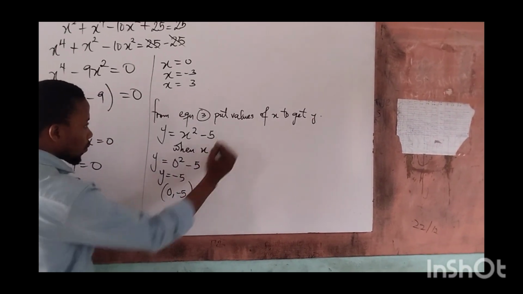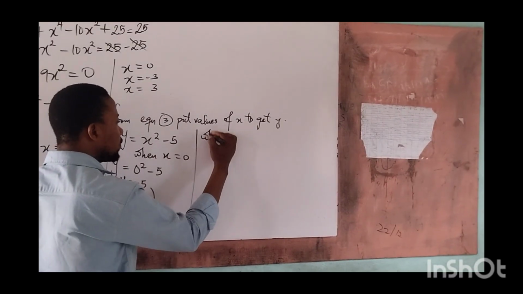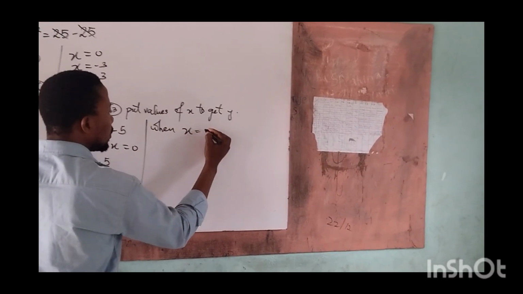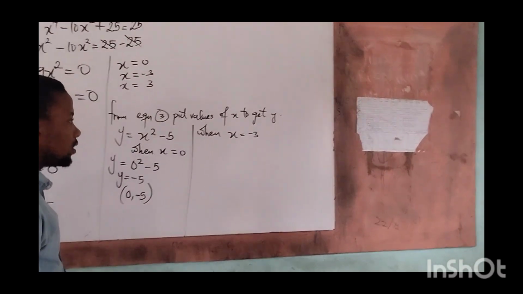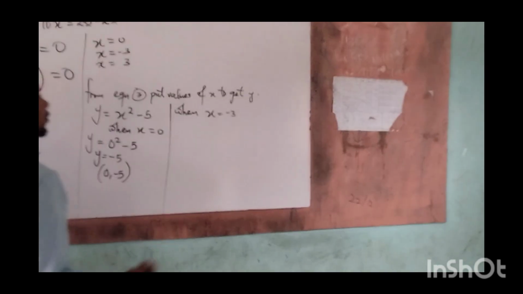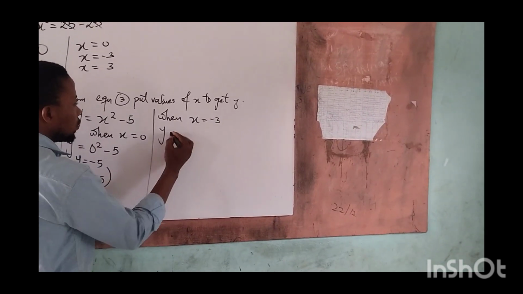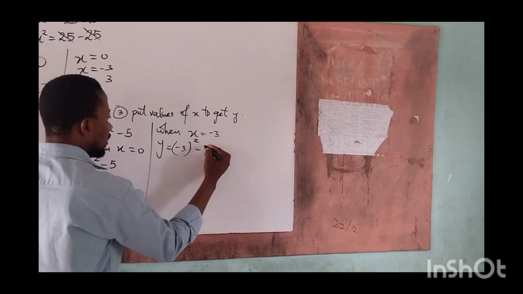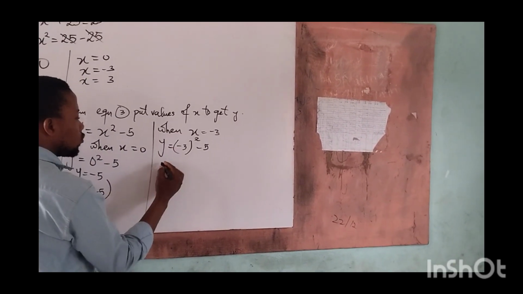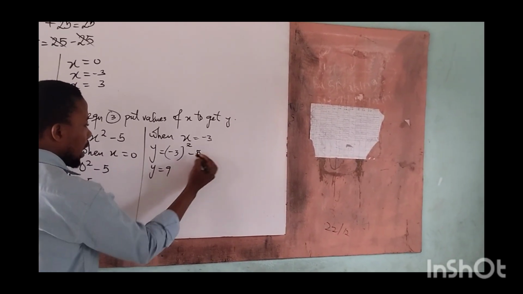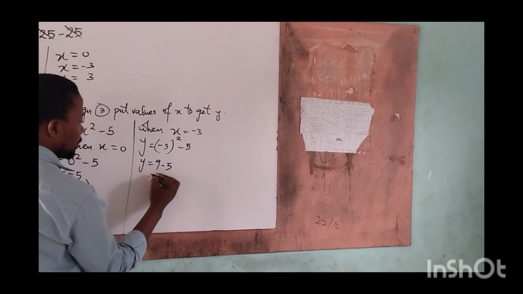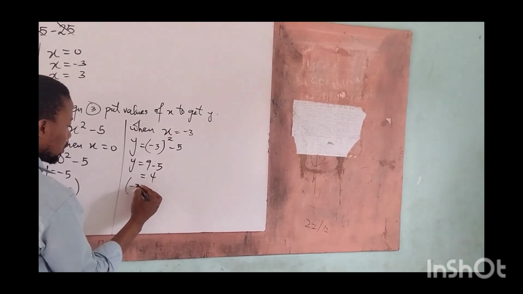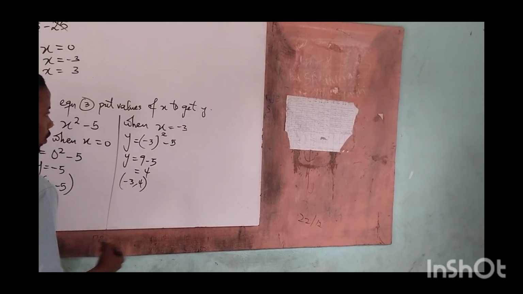Also, when x is equal to minus 3, put minus 3 into this equation, I'm going to have y equal to minus 3 squared minus 5. Minus 3 squared will give me 9. 9 minus 5 will give me 4. So when x is equal to minus 3, y is equal to 4.